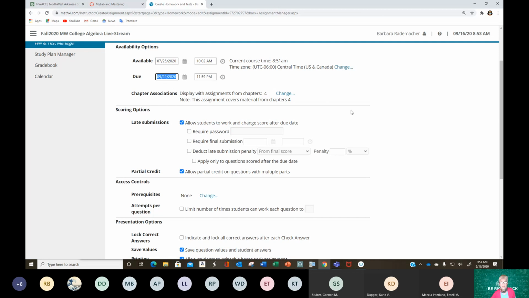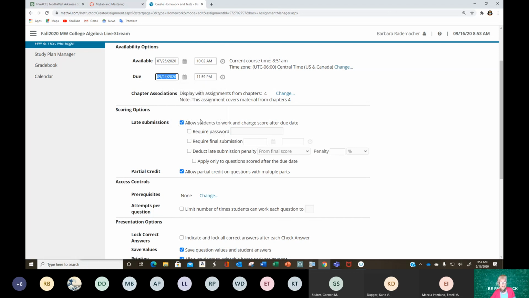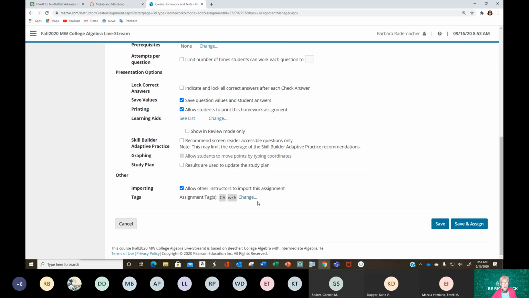On Thursday, we'll start reviewing factoring. Okay, so let's make this the 24th, Thursday the 24th, and that's not really new material, but nobody likes factoring. And that's it, you won't have any new work until Thursday the 24th.